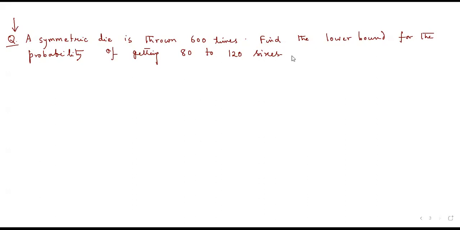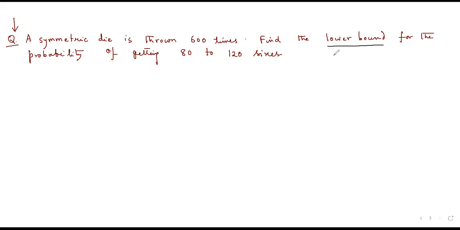Now we are going to analyze this particular problem. We'll dissect the problem and try to understand how we can solve it. First of all, if this type of question is given to you, the first thing that attracts me is the words lower bound.